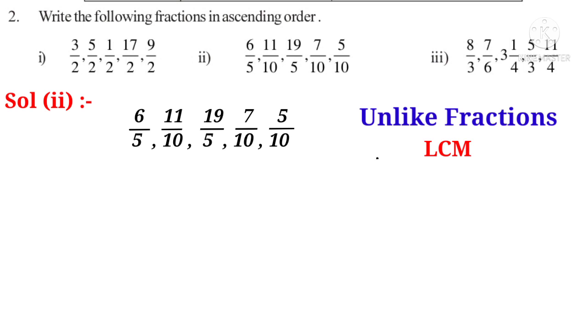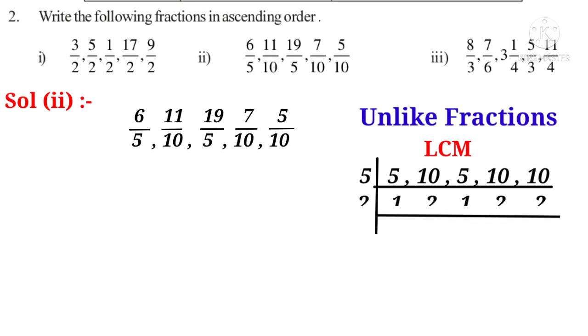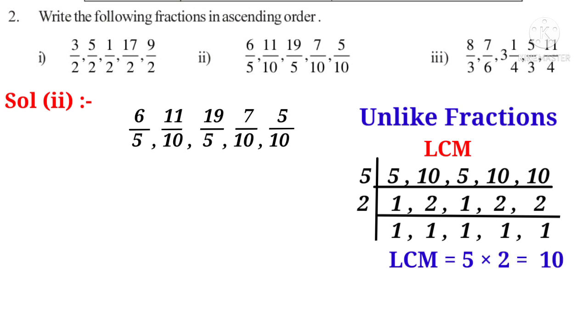Write the denominators 5, 10, 5, 10, 10. Divide by 5: 5 ones, 5 twos, 5 ones, 5 twos and 5 twos. Now divide by 2: 2, 1 same, 2 ones, 1 same, 2 ones and 2 ones. Now LCM is 5 into 2 into 1 into 1 into 1 into 1, which is 5 into 2, that is 10.